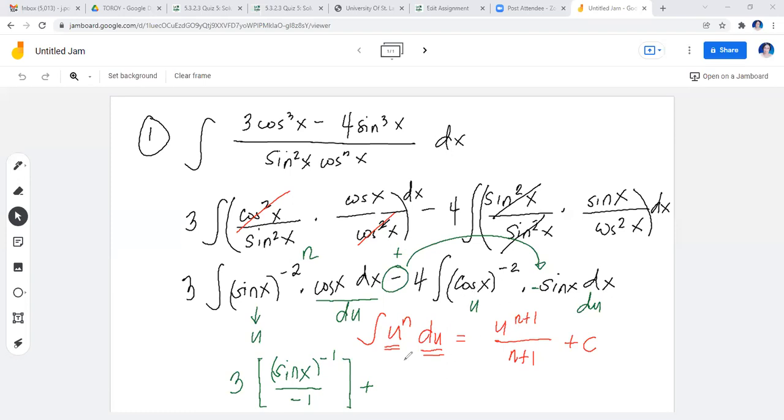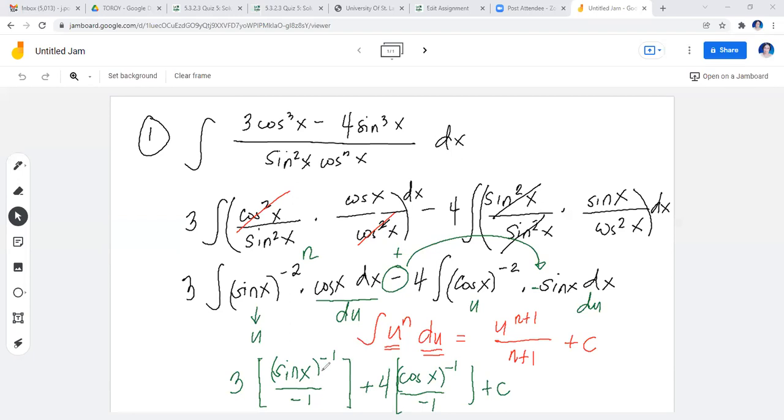And your u is cosine of x. It's negative 2 plus 1, also negative 1, just like the first term, divided by negative 1. You have your constant 4 here, so it should still be present. Plus C.